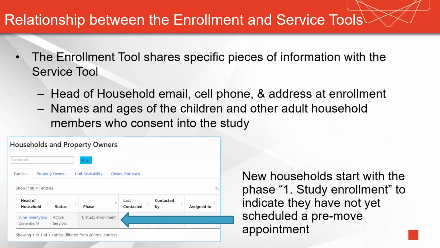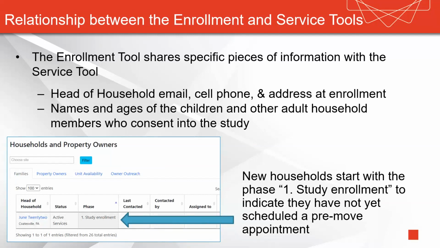Okay, so the relationship between both of the tools. The enrollment tool shares some information with the service tool. This includes the head of household's email, cell phone, and address at enrollment, just important contact information, as well as the names and ages of the children and other adult members of the household who consent into the study.